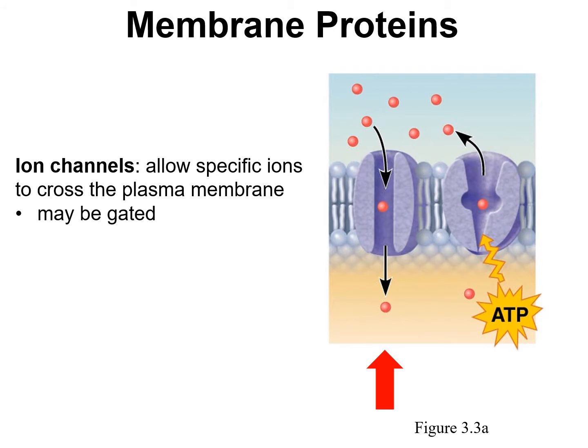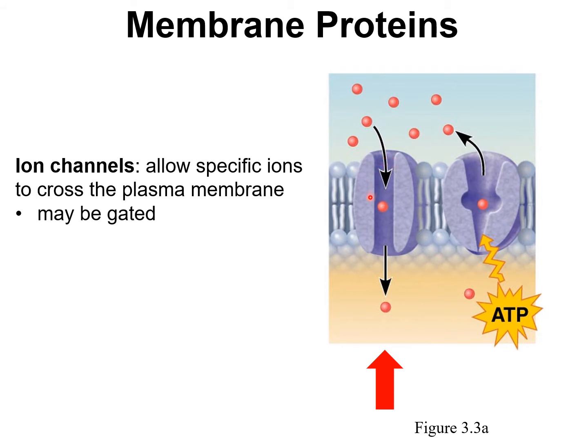Transmembrane proteins play critical roles in the movement of substances across the plasma membrane. Some carrier proteins can act as ion channels, as shown here on the left. An ion channel is basically a little tunnel that allows for substances to cross from one side of the plasma membrane to the other.